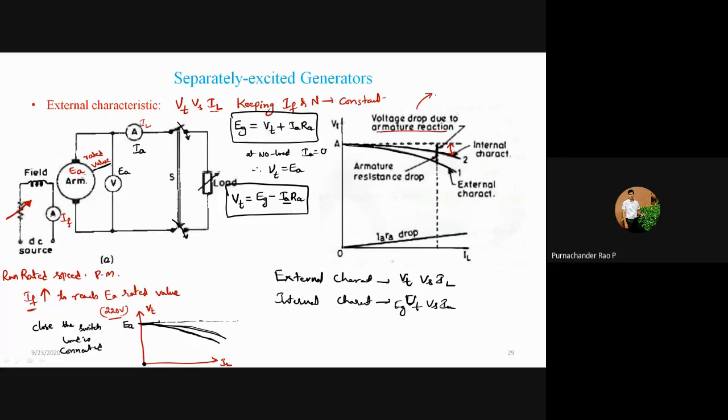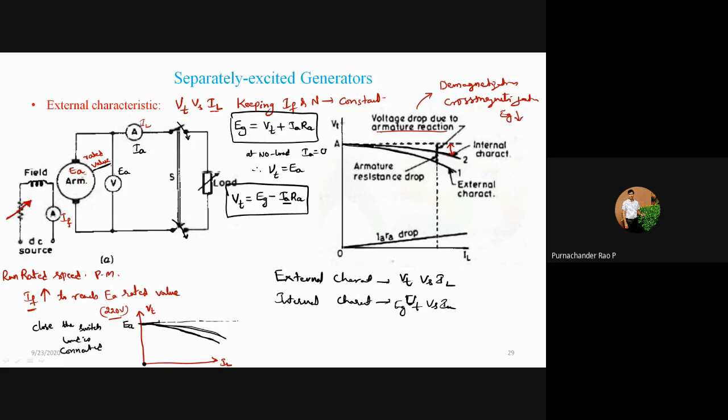The armature reaction has two effects: one is a demagnetization effect and the other a cross magnetization effect. Am I right? Because of this demagnetization, the net flux gets reduced. Whenever the net flux is reduced, your generated voltage gets reduced.